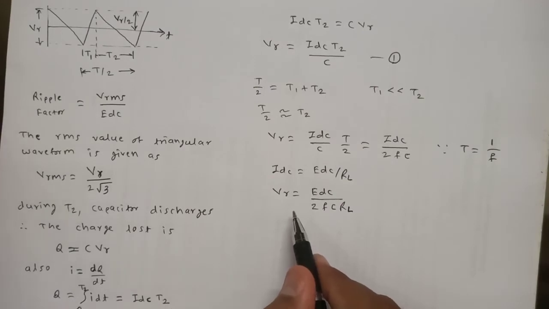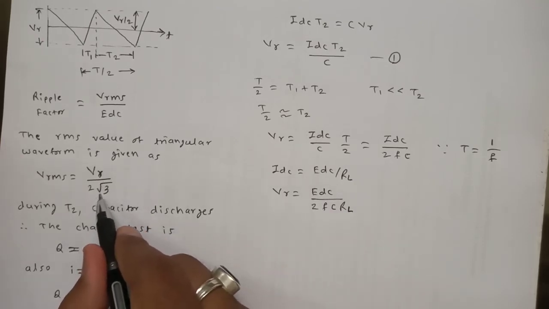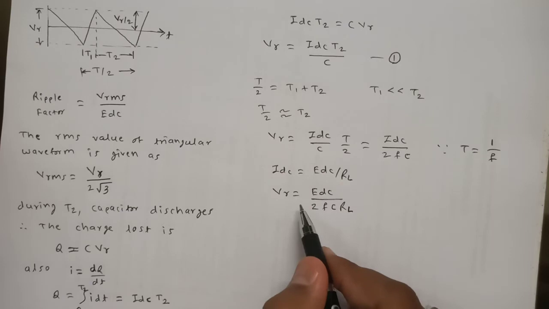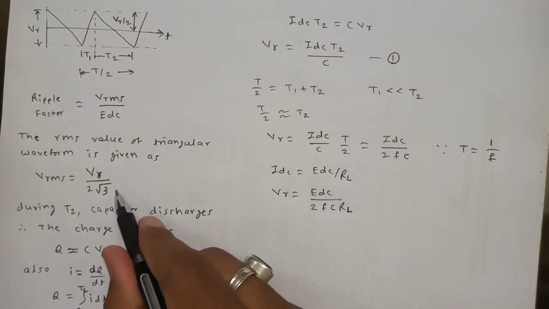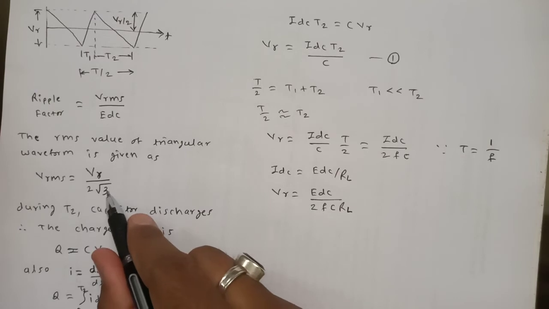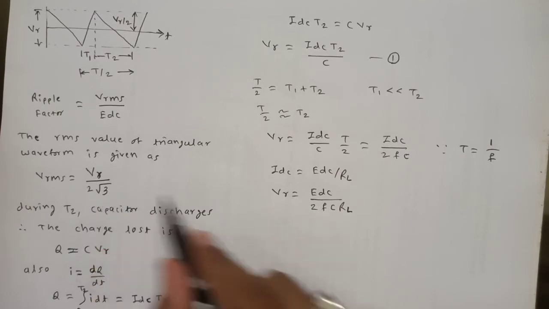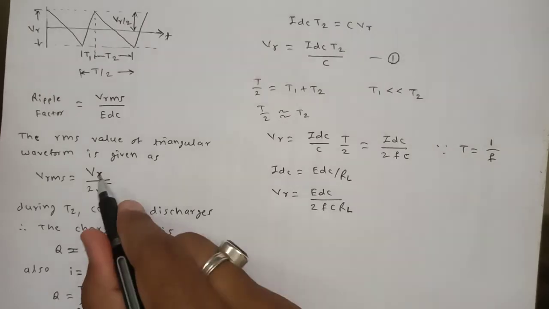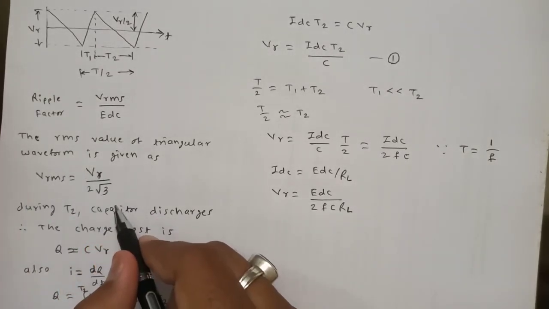Why have I gone for this equation? Because VR was required for calculating the RMS value of the triangular waveform, which is VR divided by 2 root 3. If I put this VR here, I will get the RMS value of the triangular waveform.